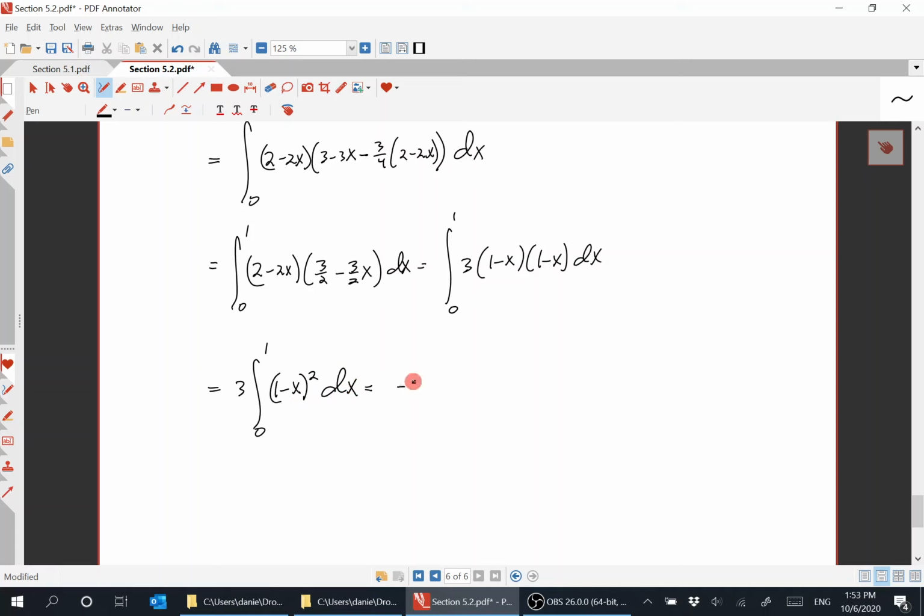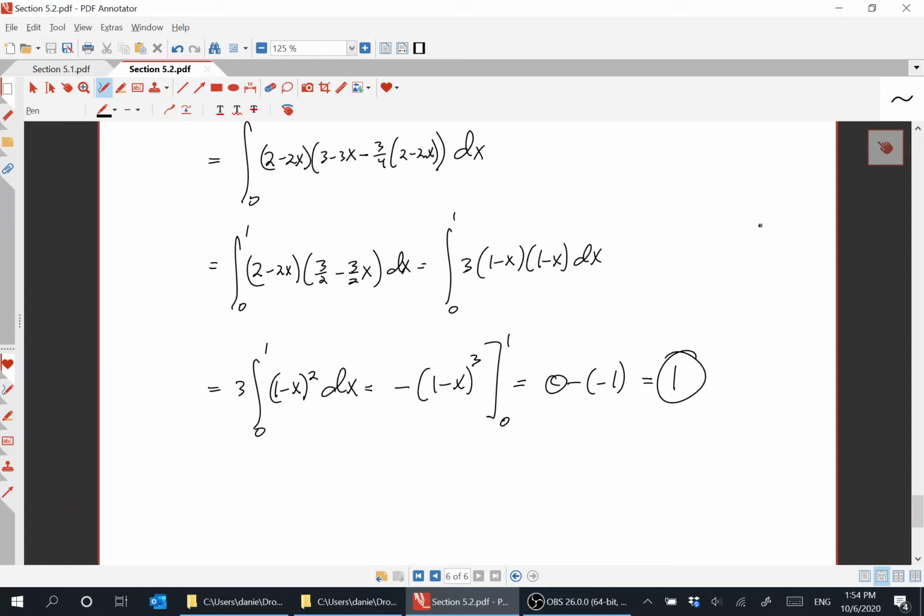The antiderivative is minus 3 over 3, so it's minus 1 minus x to the third. That was using a u substitution, but I just did it as quickly as I could. From 0 to 1, evaluating at 1 you get 0, and evaluating at 0 you get 1. So it's 0 minus minus 1, so it's 1. Okay, so the volume of that thing is 1.